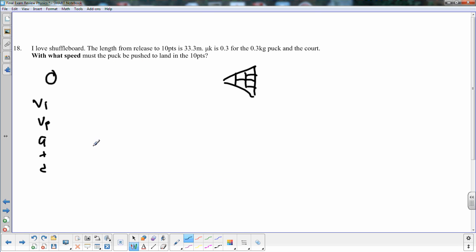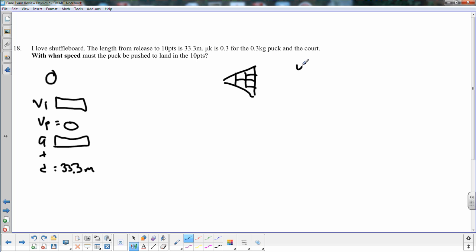We know that mu is 0.3 and the mass is 0.3 kilograms, which means the gravitational force, the weight force, is 0.3 times 10. So our weight force is going to be 3 newtons.